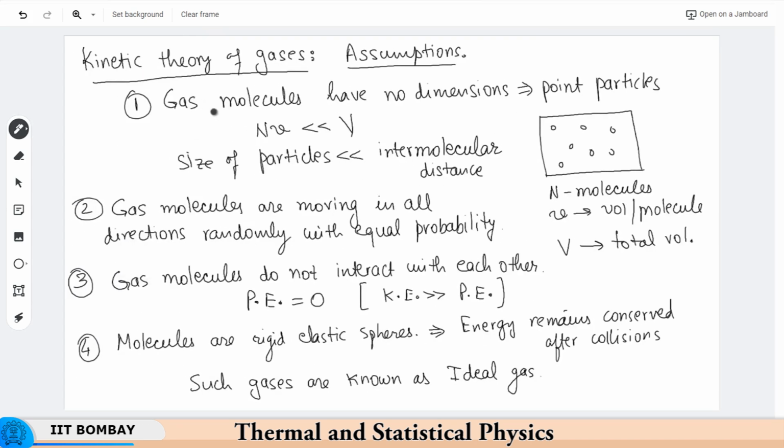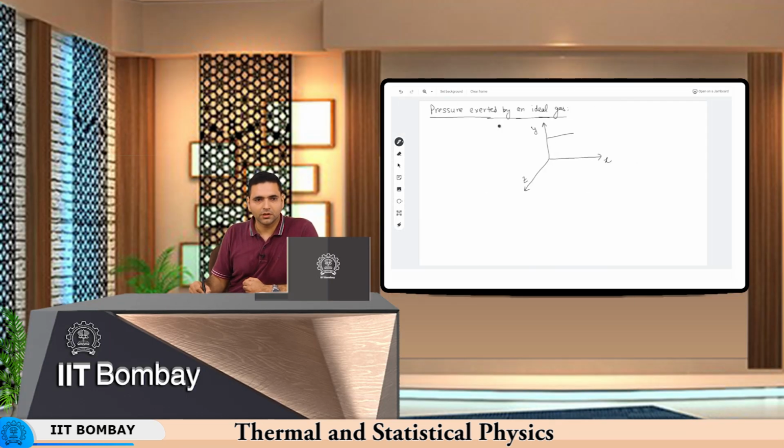are contained in a cube. Let me draw a cube, and there are many gas molecules, and the length of this cube is L, which means its volume will be L cube, right.